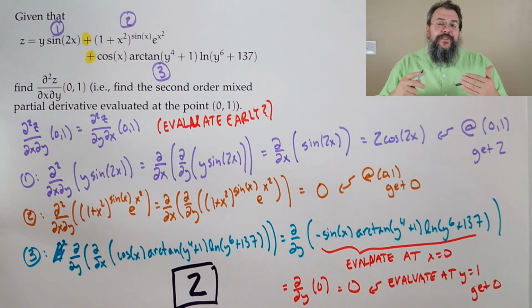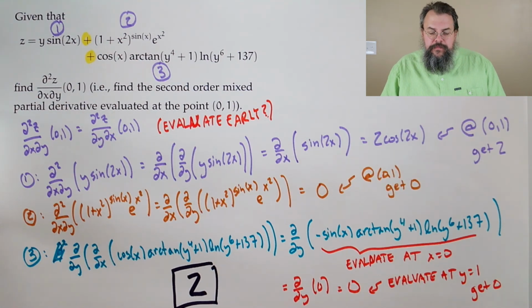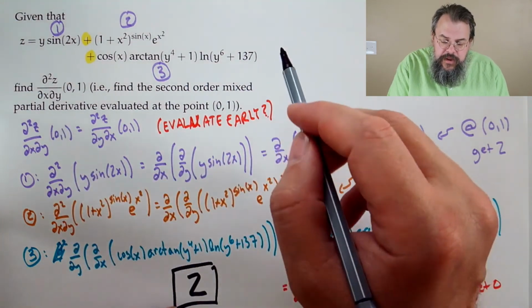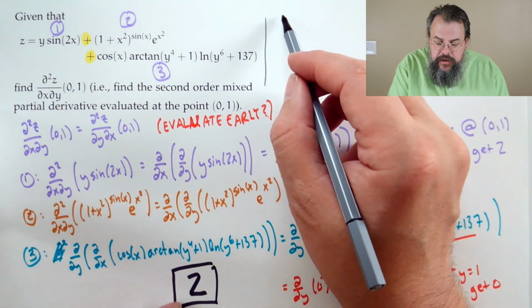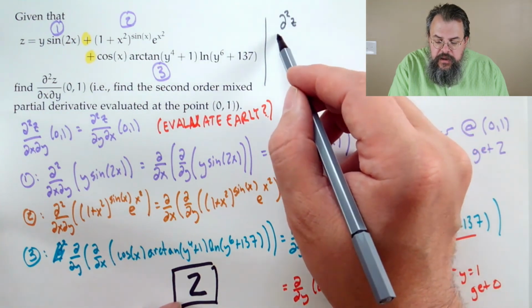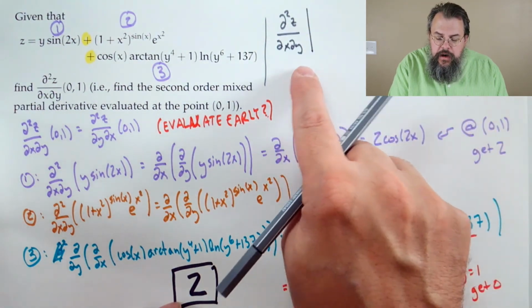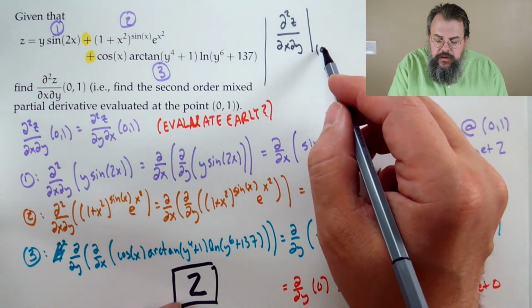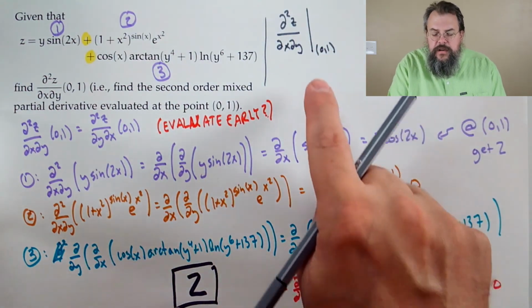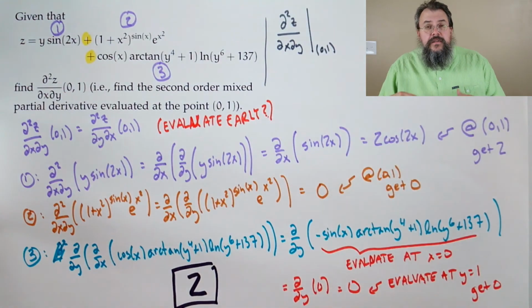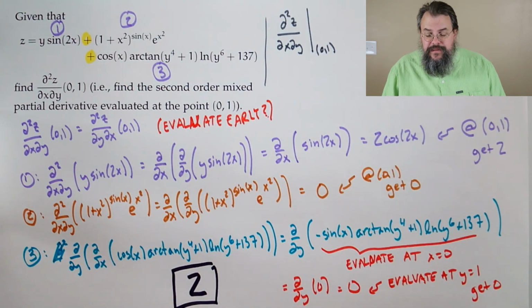Okay, if things involve x and y, the first entry is x, the second entry is y. Another way you'll sometimes see this written is as partial squared z, partial x, partial y, and then there's a bar at (0, 1). So if you ever see something with a bar, that just means, oh, hey, I need to evaluate this, and so I'm going to carry out the evaluation.